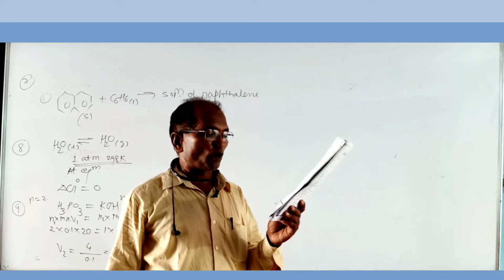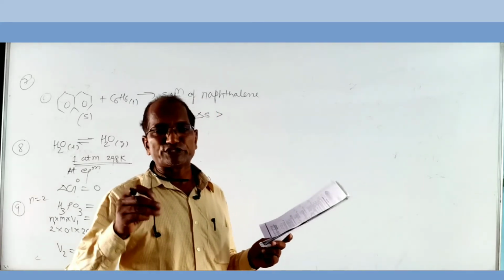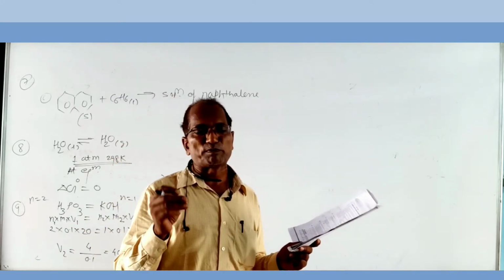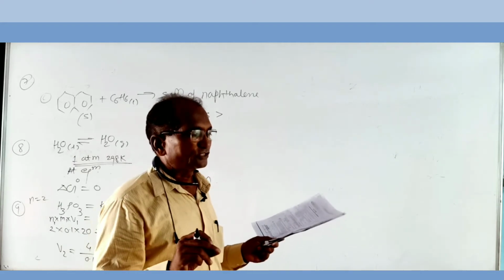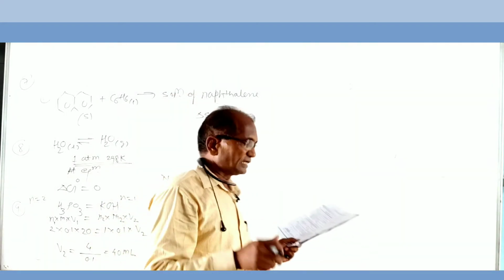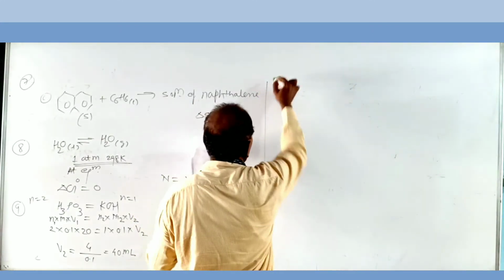The enthalpy of formation of carbon monoxide is. This MCQ is based on the application of Hess's law. Thermochemical equations can be added, subtracted, multiplied, divided like algebraic equations. First write down the given data.